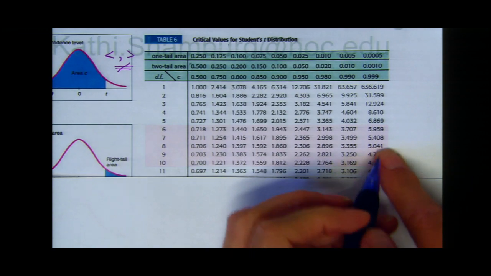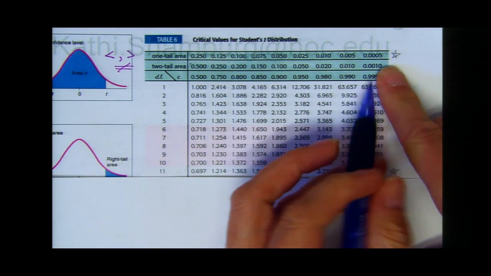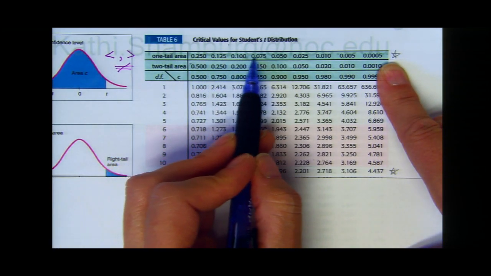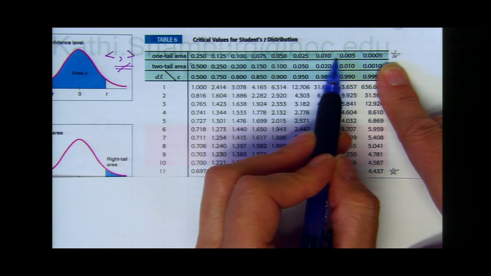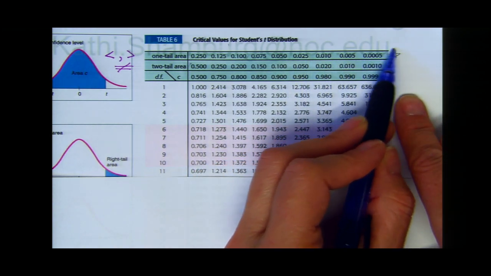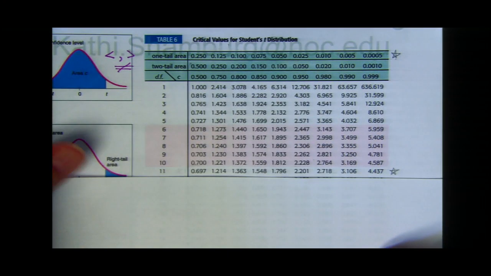So I come up here to one tail area, and I know the p-value I'm looking for would be to its right. So I look at the one tail area, and I say, okay, as I travel to the right, what is consistently happening with my numbers? And they're consistently getting smaller, so the p-value is smaller than 0.0005.